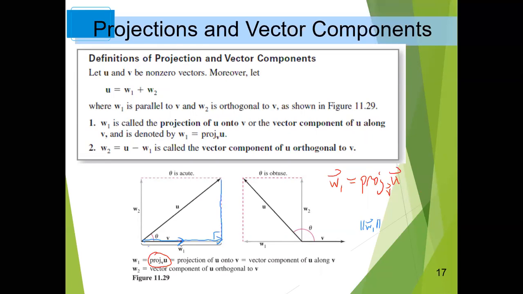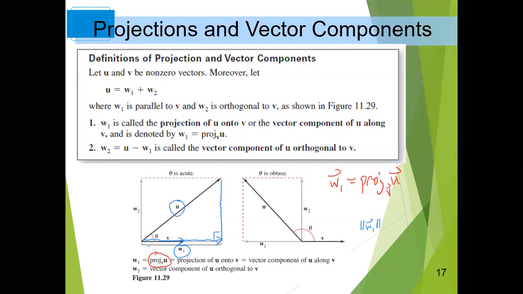Do you see a trig function that might actually help us sort this thing out? Okay, look, I have this angle theta right here in this triangle, yes? U is the hypotenuse of the triangle, correct? The thing I'm talking about right now, W1, is the adjacent side of that triangle. So what trig function would help us here? The cosine would, yes?